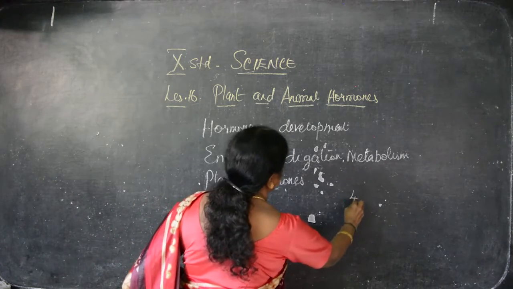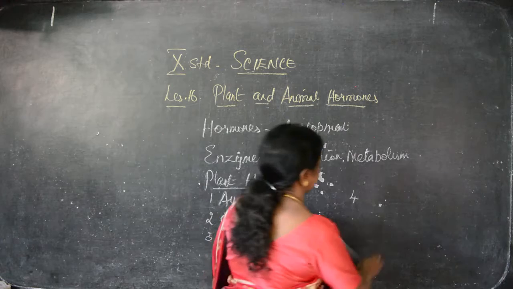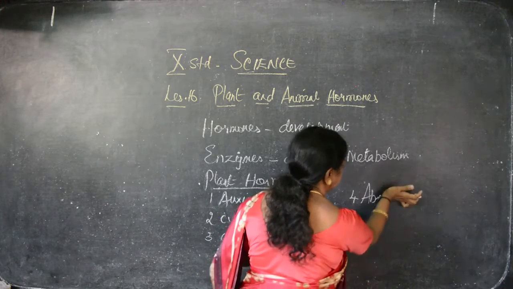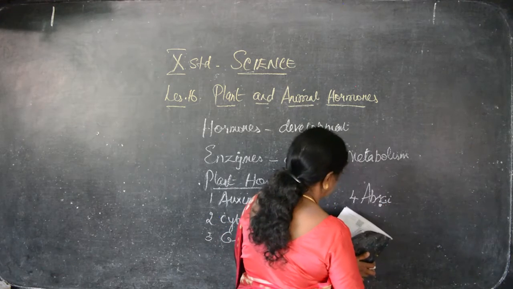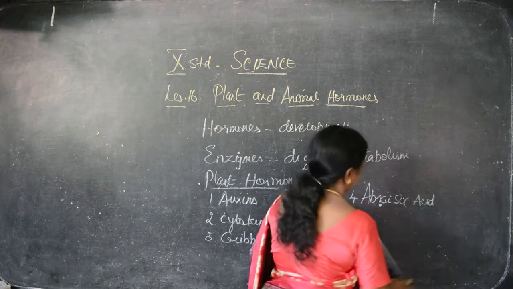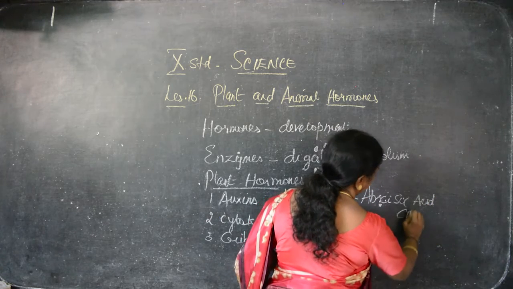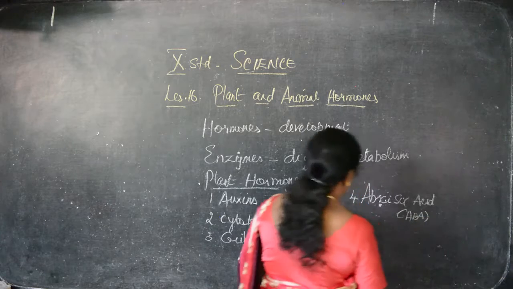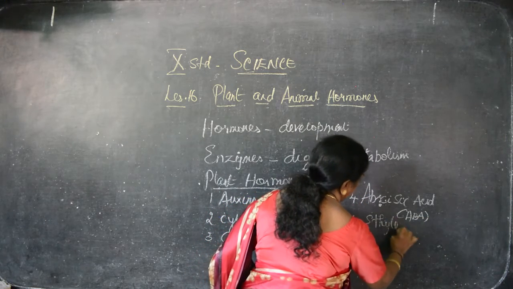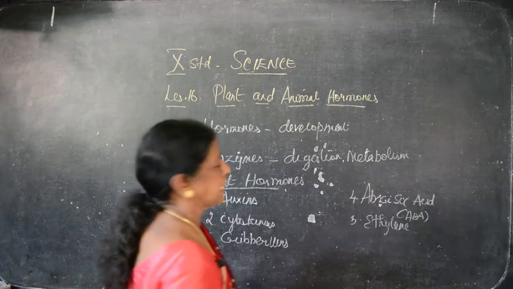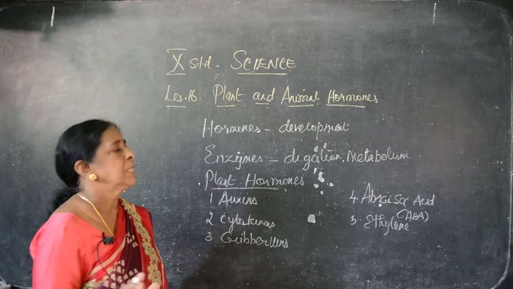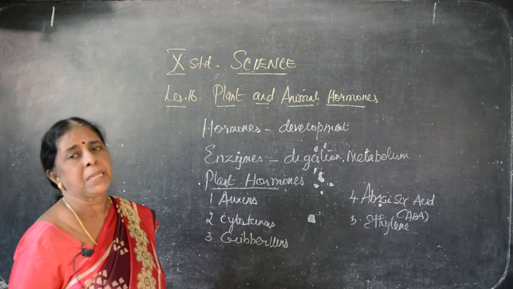The fourth hormone is abscisic acid, otherwise known as ABA. And the last one is ethylene. Totally how many hormones are present in plants? 5 hormones. All the 5 hormones are present in the plant and make it grow.